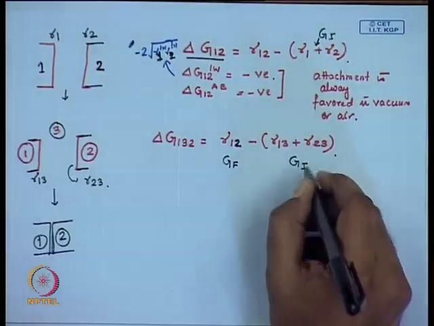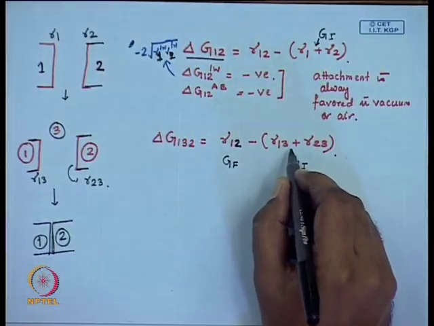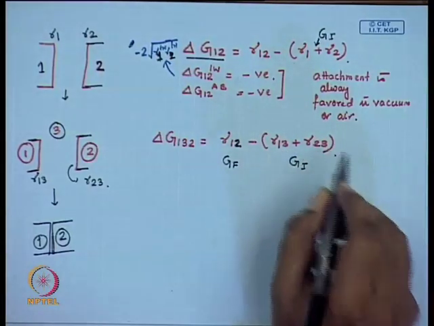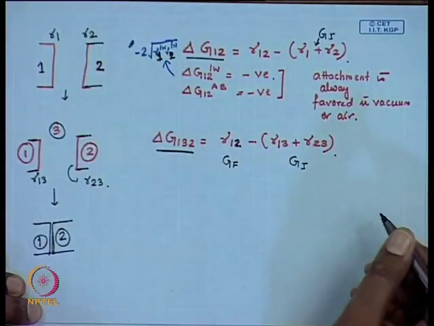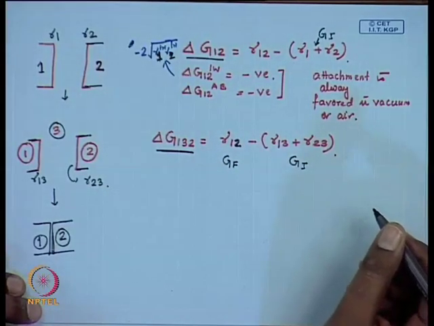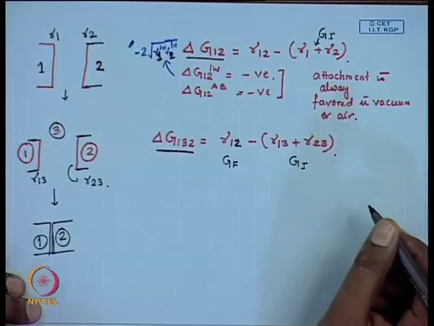Here the G initial comprises a summation of gamma 1 3 plus gamma 2 3. Of course, you can understand we are limiting our discussion to a per unit area basis. So, here how does one predict the magnitude or the sign of delta G132?